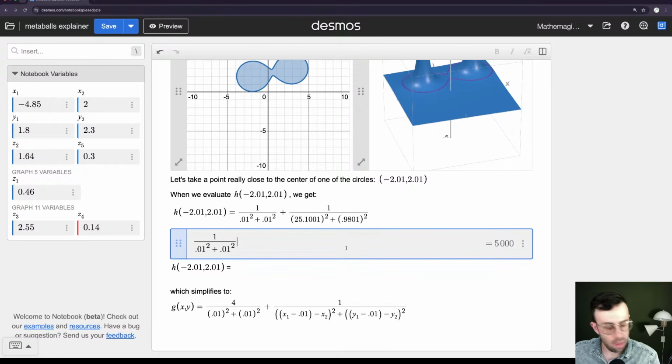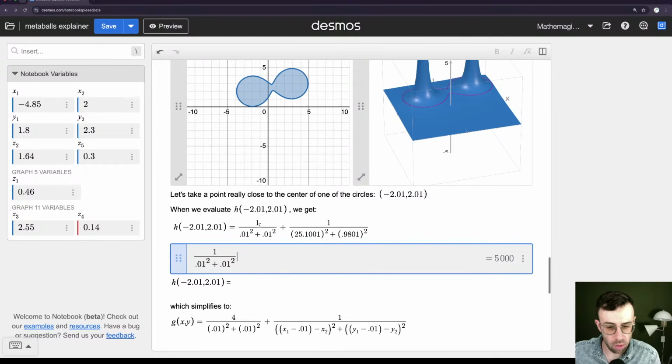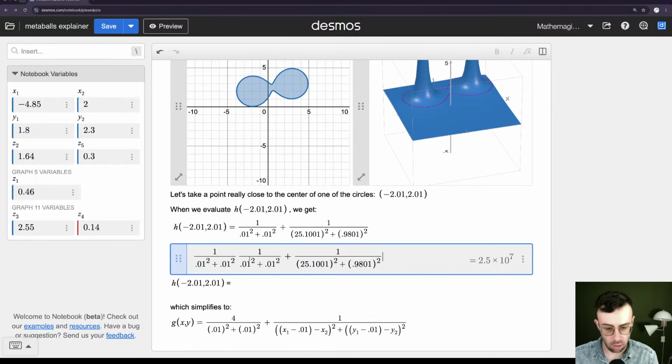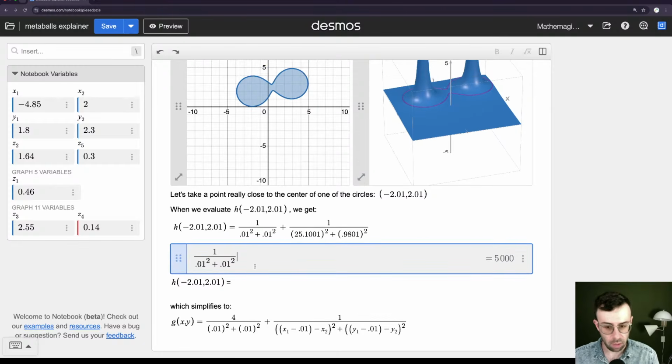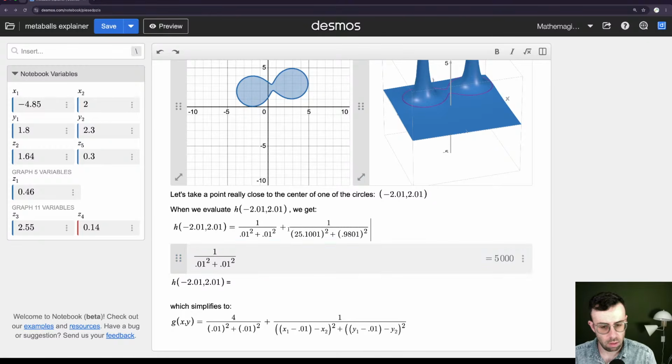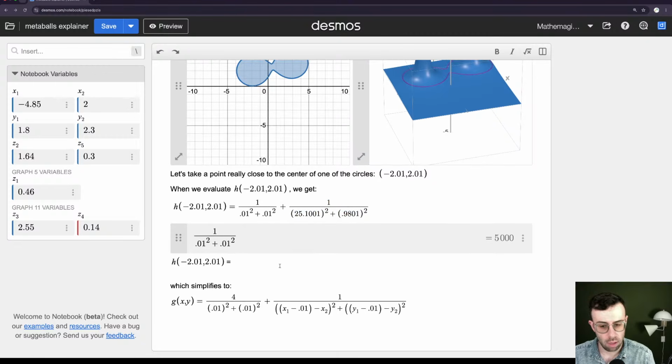You can see that that left term, which we were really close to, kind of takes over. The right term barely was anything. How do I explain that? I don't know.